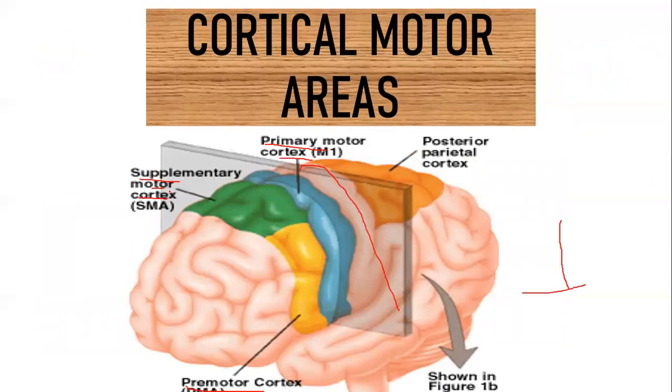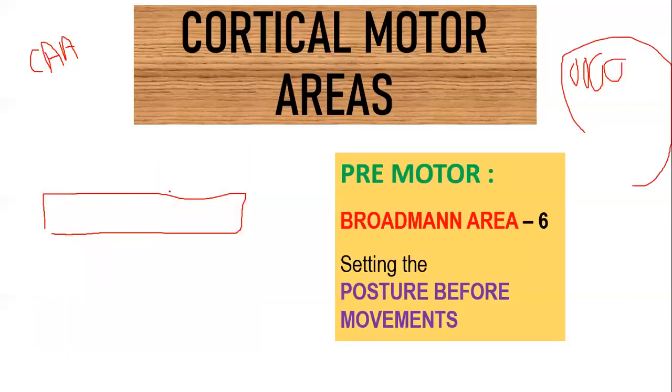The supplementary motor cortex is also part of Brodmann area 6. But its function is something called bimanual coordination, which means there are activities that require the support of another limb. Suppose you write something. If you are right-handed, you write with your right hand, but your left hand will be in some position that makes you comfortable for writing. I hope you all understand.